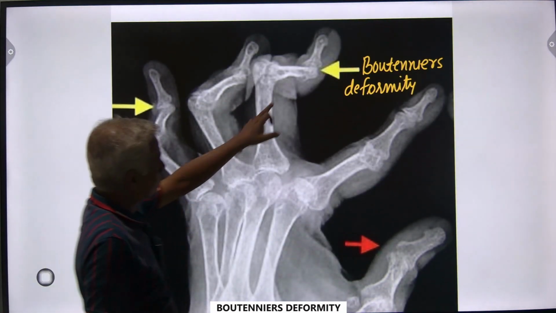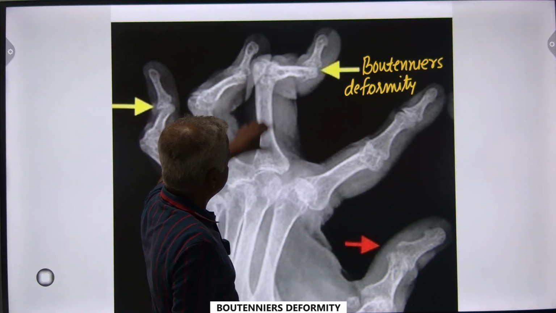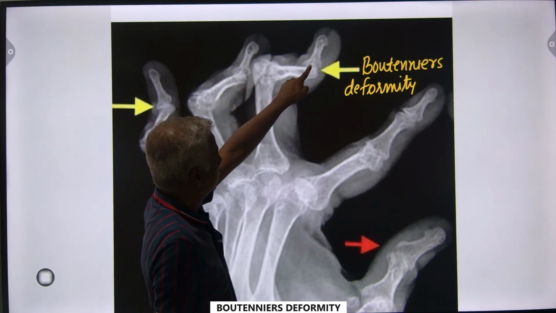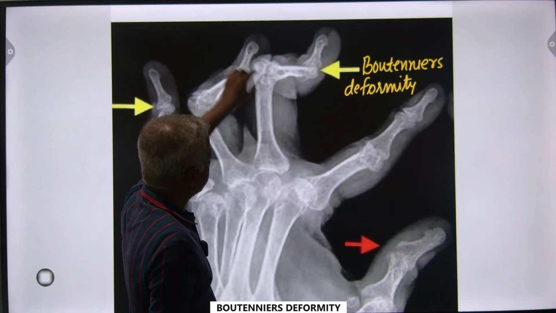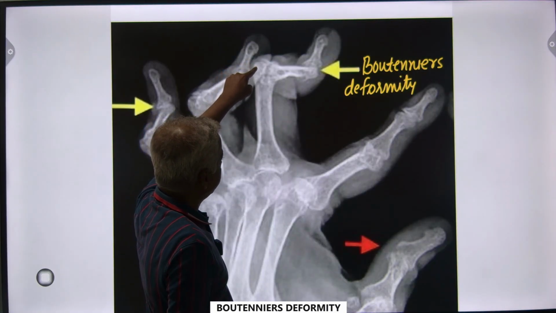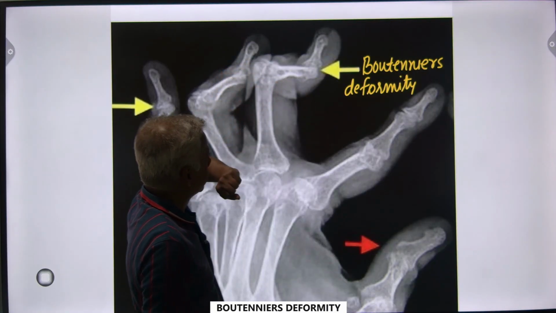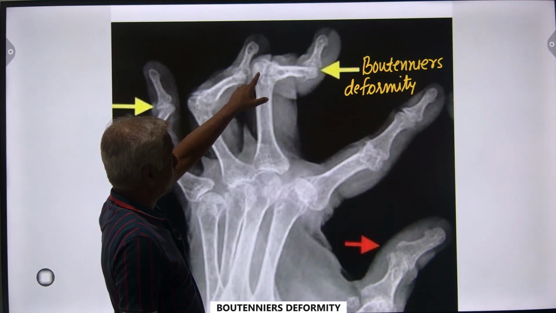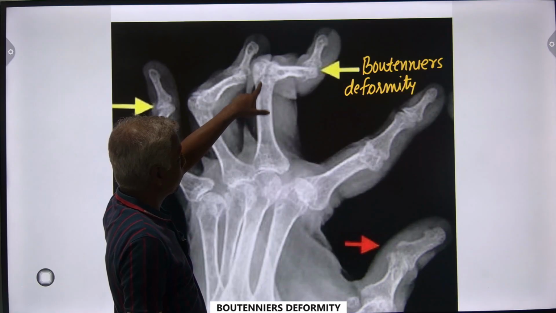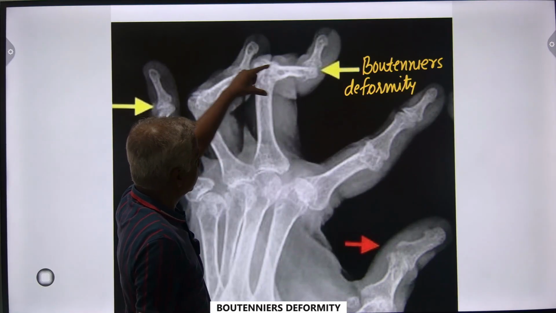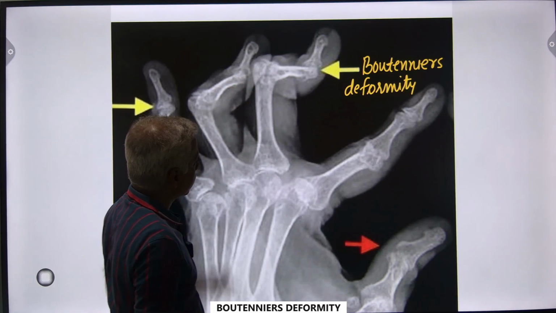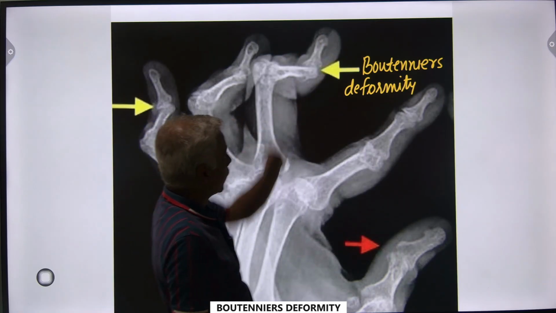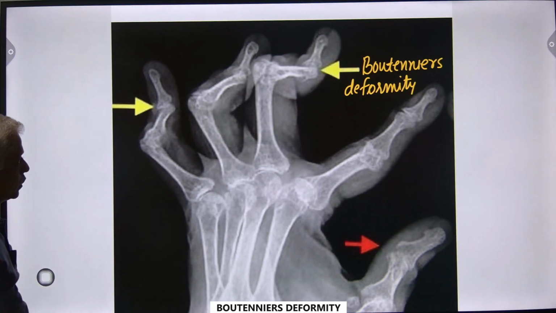See here, this is the first phalanx, this is the second phalanx, and this is the third phalanx. That means this is the proximal interphalangeal joint and this is the distal interphalangeal joint. By definition, we have a flexion in the proximal interphalangeal joint, and you can see it is flexed here, and there is a hyperextension at the distal interphalangeal joint.